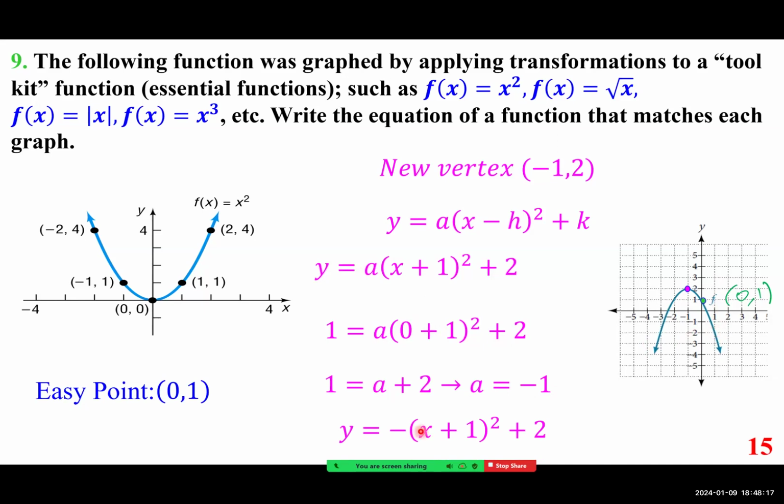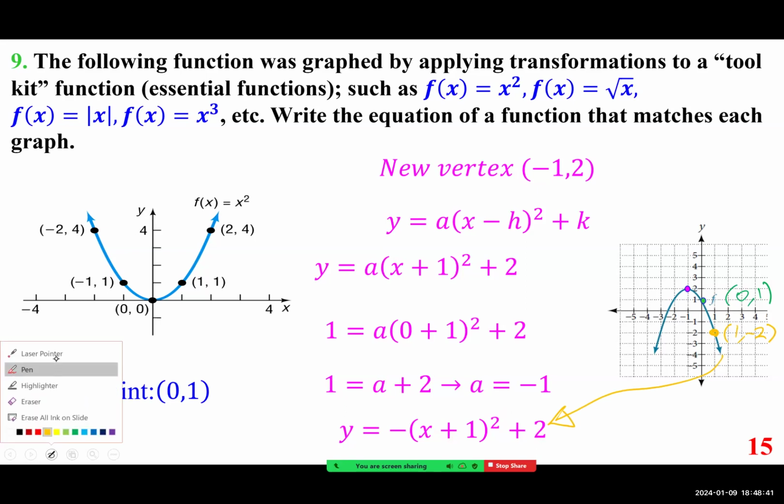In fact, if you put in 1, 1 plus 1 is 2, squared is 4, with this becomes minus 4 and plus 2 is negative 2. So you can check it with this point, for example. You should always check your work to be on the safe side. So check to make sure this pair, which has coordinates 1, negative 2, works, and it does. So always check.